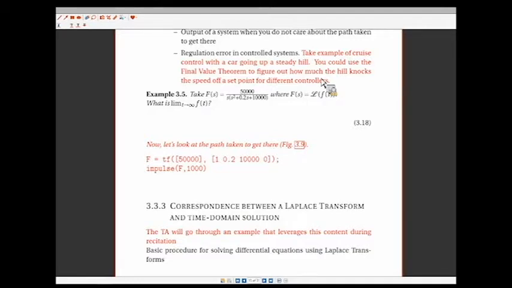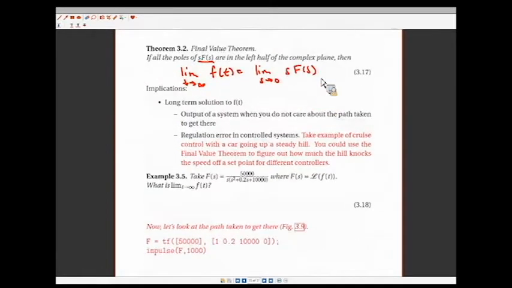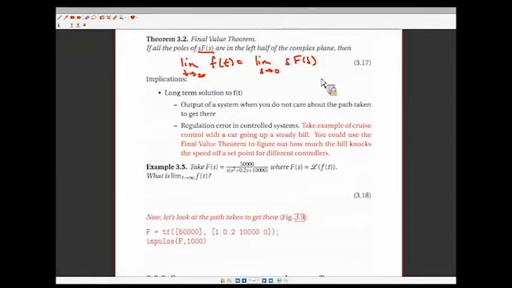But the final value theorem allows us to get this pretty quickly. Just quickly, we'll take about 3 minutes. What is the limit as time goes to infinity of f of t? Work on your own for about 3 minutes, and then we'll revisit this, and also look at the solution for f of t and show some of the crazy paths it can take to get there.